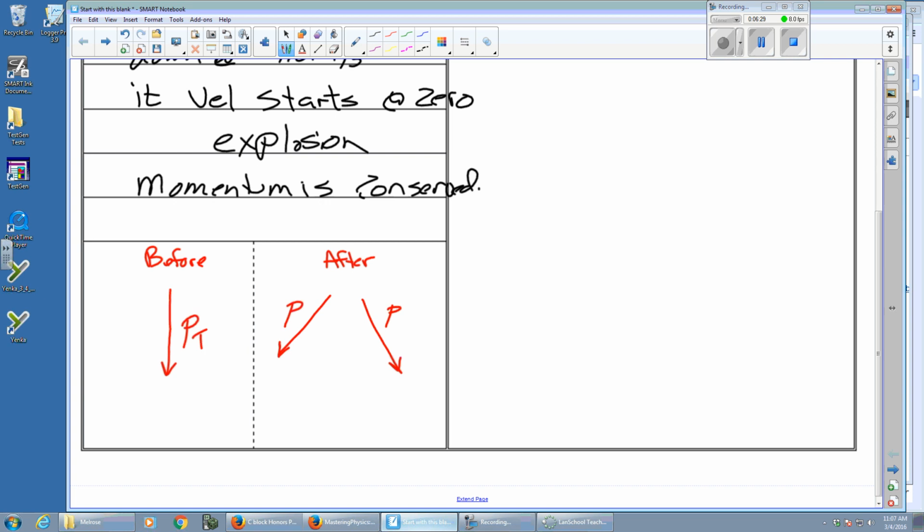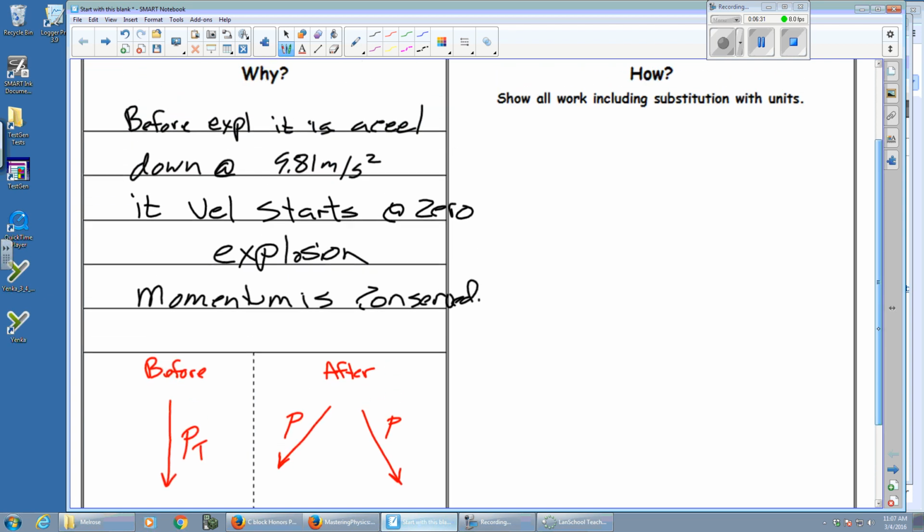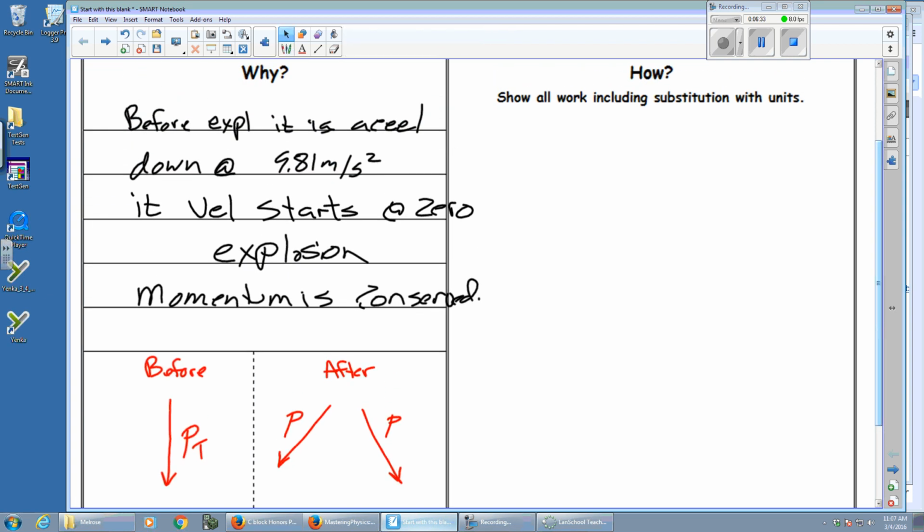Now, the only other thing to be careful of over here, if we write our equation, p equals mv. Remember, it's a vector. So the magnitudes aren't going to add up, but the vectors are, right?